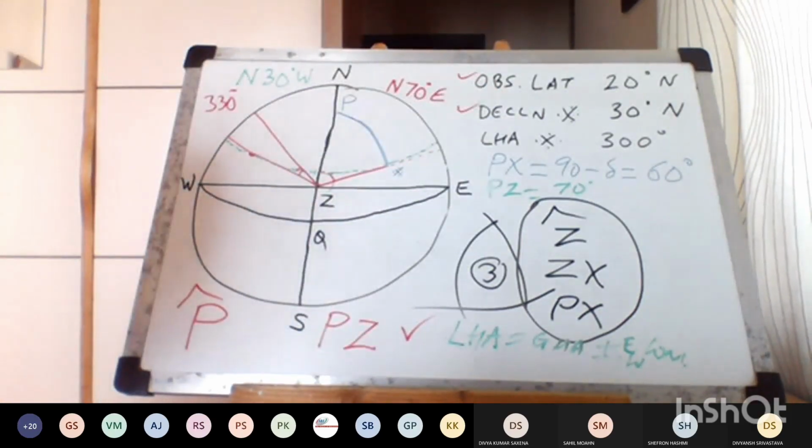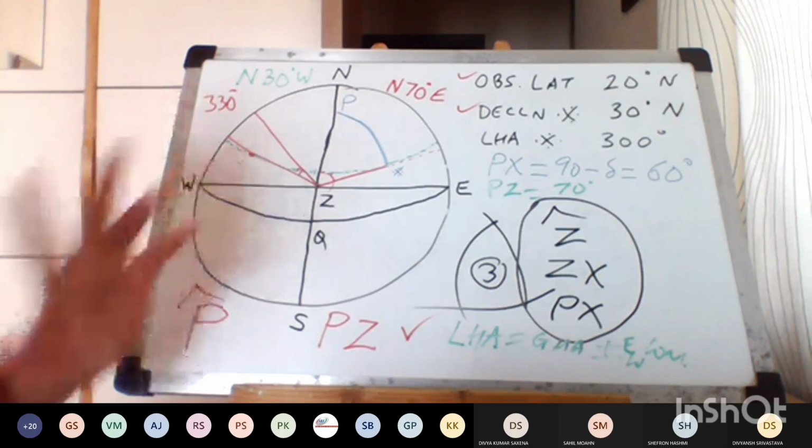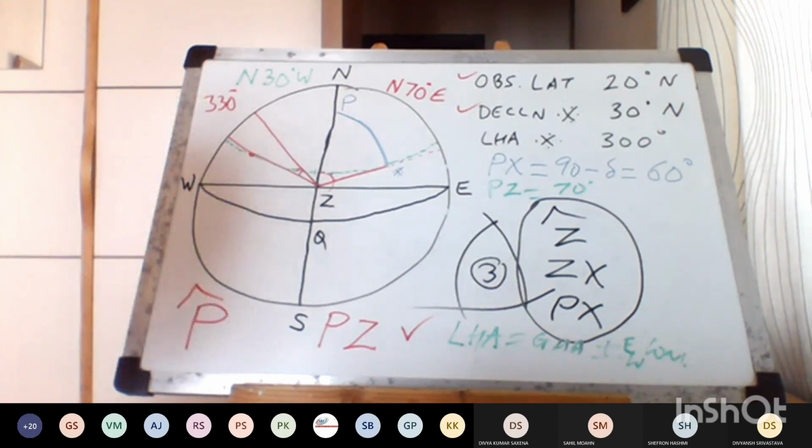Strictly speaking, if I use the word azimuth, this is the way it should be mentioned. North 30 west or north 70 east.